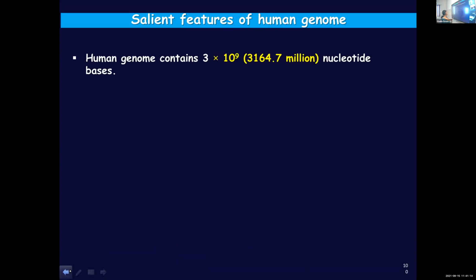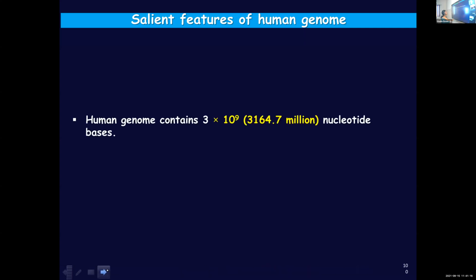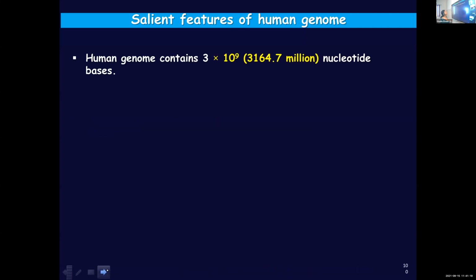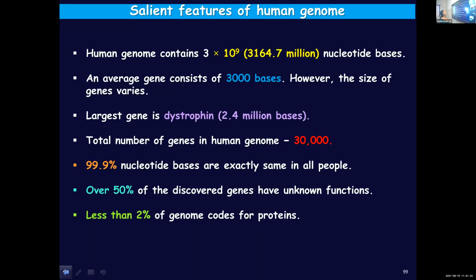I'll show it once again. The human genome consists of 3 into 10 raised to 9 nucleotide bases. An average gene consists of 3000 bases, but this can vary depending upon the gene. The largest gene is dystrophin. It has got 2.4 million bases.